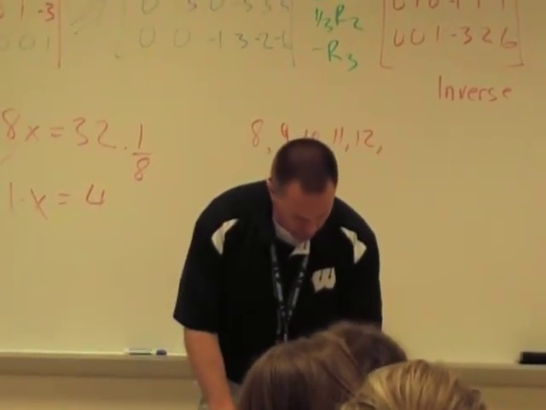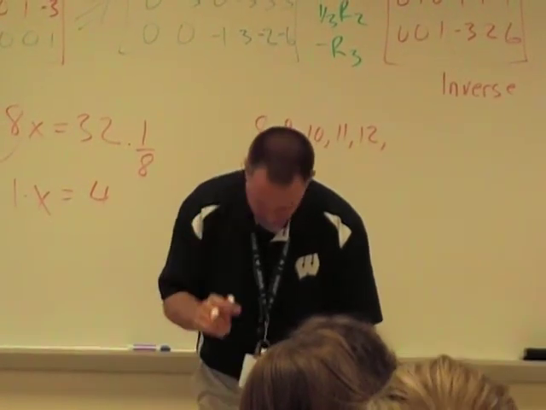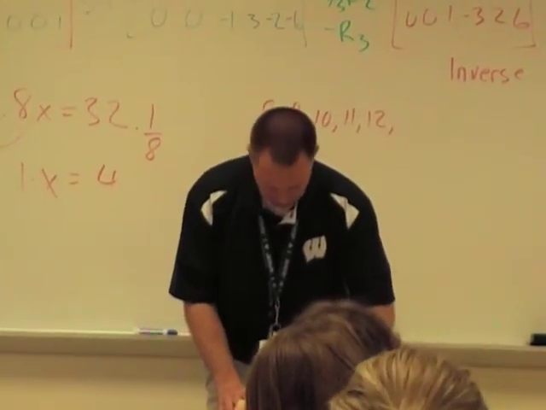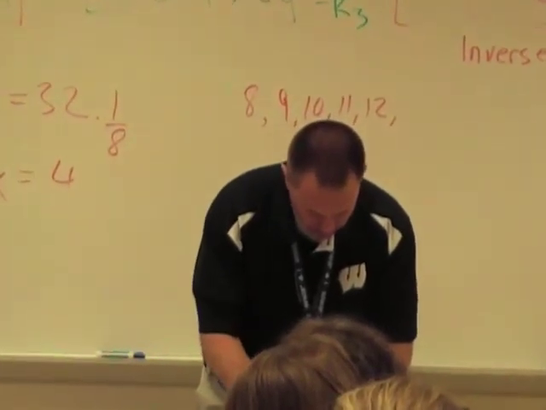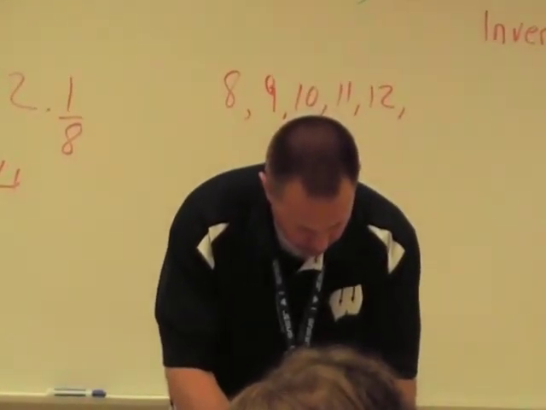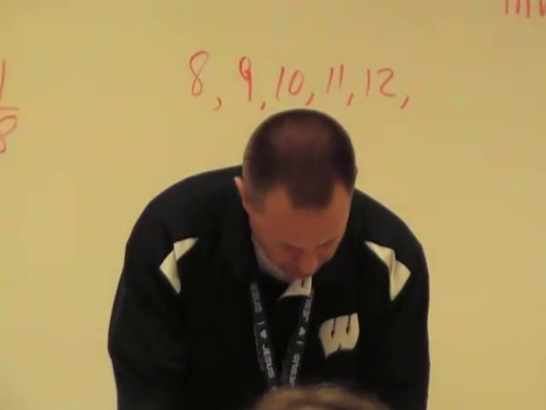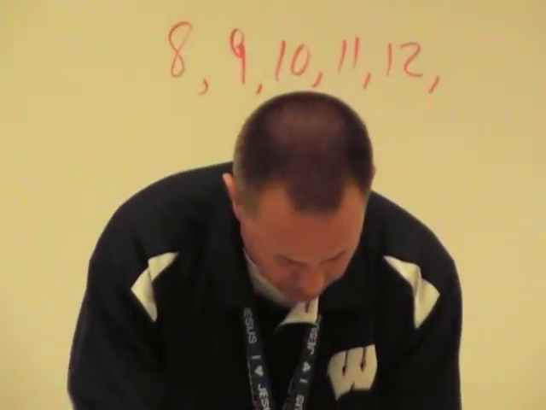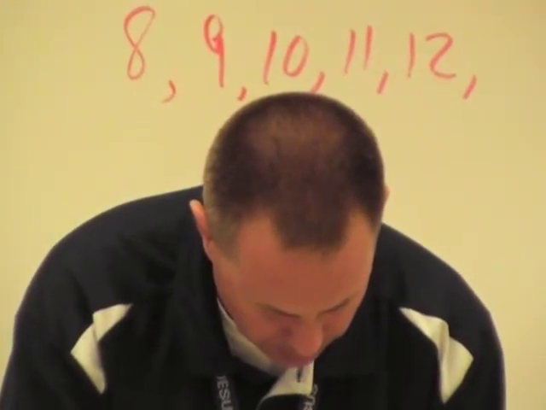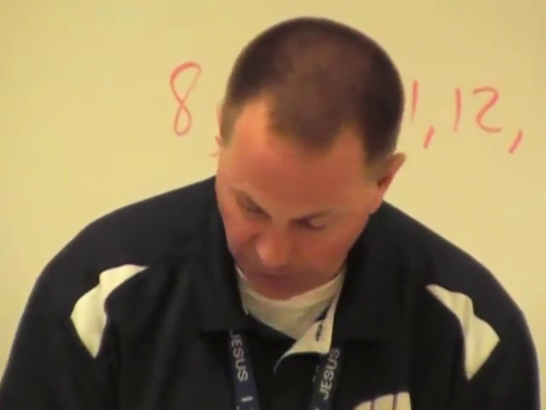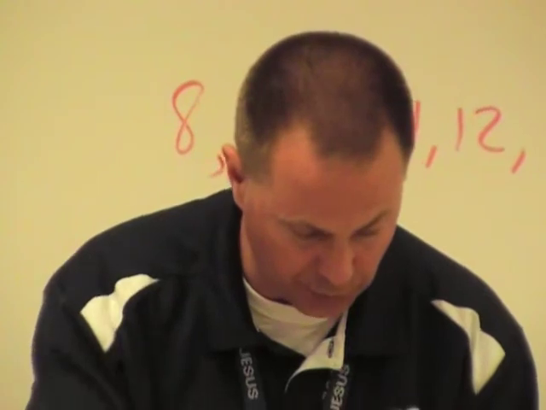Wait, you went to 15, didn't you? So do you want to do the ones we didn't do last time? 29 goes with 17. So 9 through 12, or 8 through 12 really, but 9 through 12 you already have those answers.